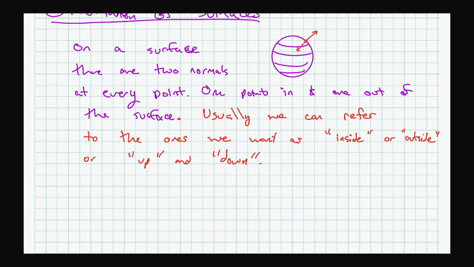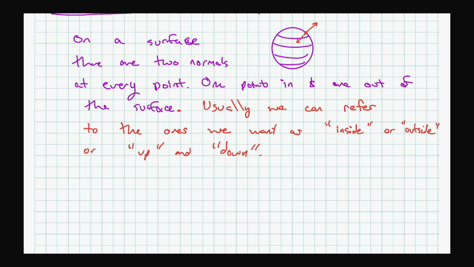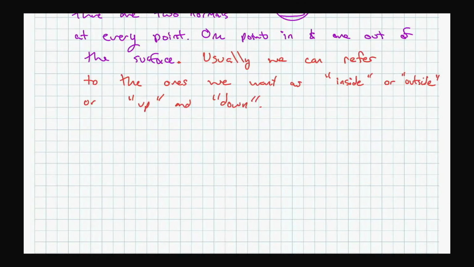Now, if the surface is closed, like the sphere is, then there's an outside and an inside. So then out is what we call positive orientation.